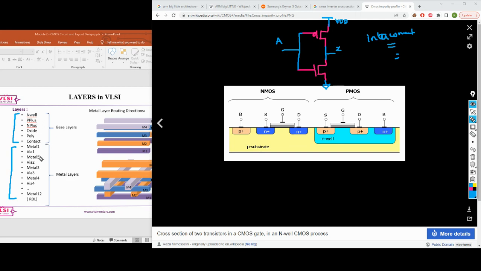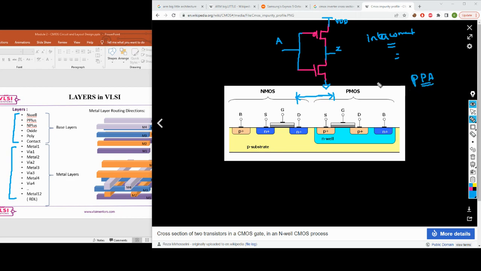You cannot use your base layer for implementing this connectivity because they are highly resistive, or they need some extra force to make that work. Metal is the one with low resistivity, and it is going to help your propagation delay. Remember, anything that I talk about here is always going to be PPA, power performance area.